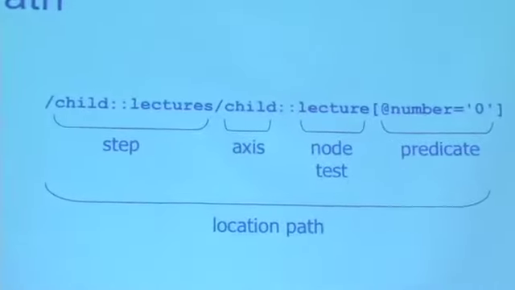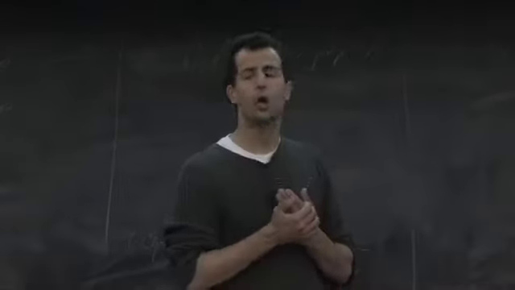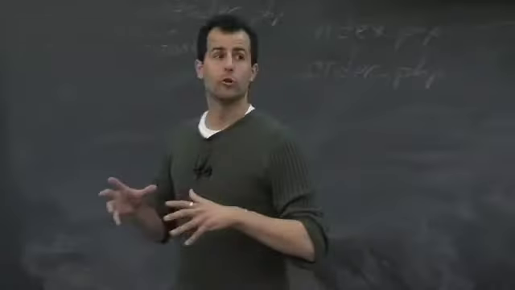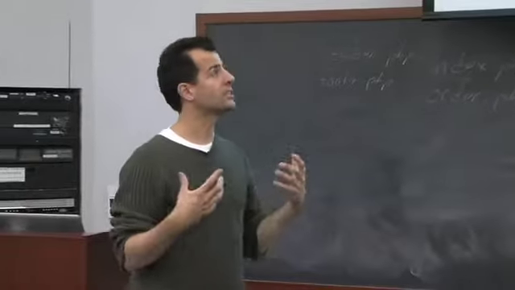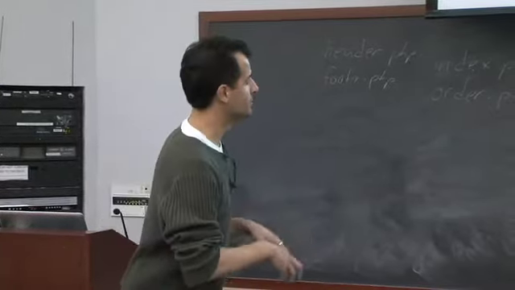It's not double equals in XPath. If it equals 0, then go ahead and include it in the so-called result set. So XPath is all about getting a result set, a whole bunch of nodes together, and you get them back as a PHP array.